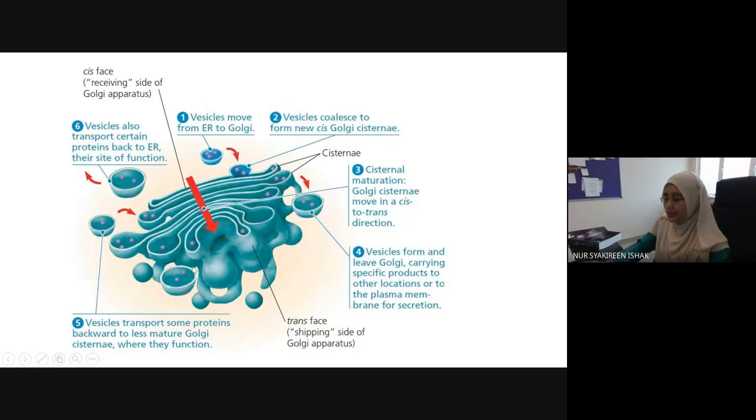Okay, so the lysosome will function elsewhere in the cell. Okay, and then vesicles also transport some proteins backward to less mature Golgi cisternae where they will function. Or vesicles also transport certain proteins back to their site of function.